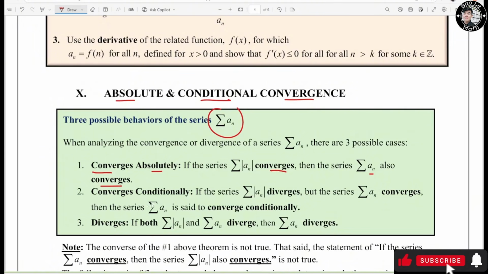Second, converges conditionally. If the series of absolute value of a sub n diverges, but the series a sub n converges, then the series a sub n converges conditionally. Number 3, diverges. If both absolute value of a sub n and a sub n diverge, then a sub n diverges.